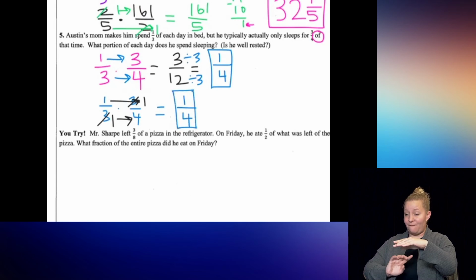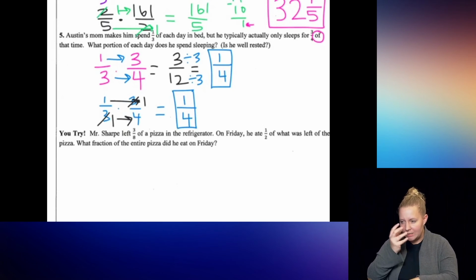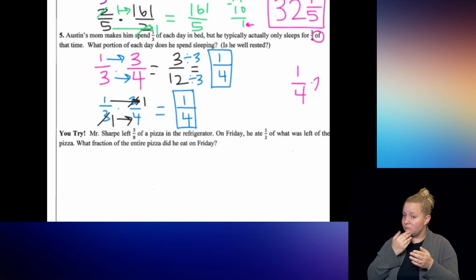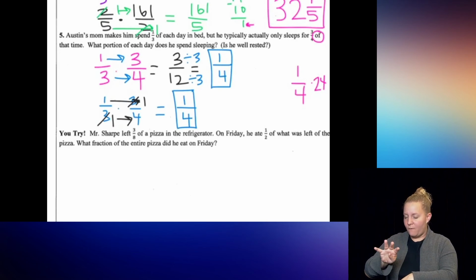So it says, what portion of each day does he spend sleeping? Well, Austin spends 1/4 of the day actually sleeping. But the question also, in parentheses, says, is he well rested? If you think about 1/4 of the day, which is 24 hours, just like we did on the You Try on the back page, I know that to make 24 into a fraction, you put 24 over 1.